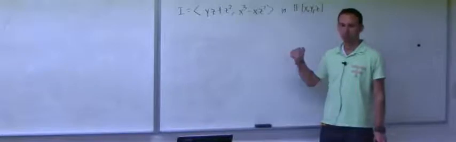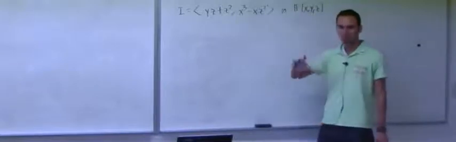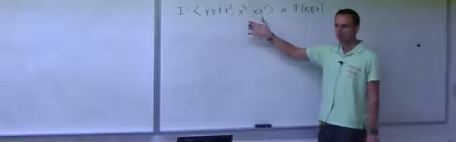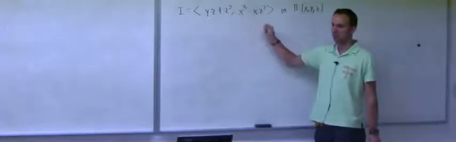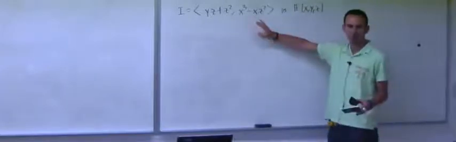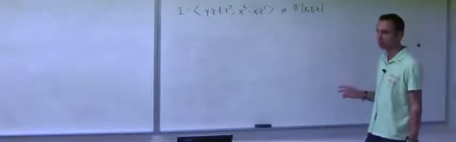If I asked you to find the polynomials of degree 4 here, you would have to figure out what are all the things that you can write as a combination of this guy of degree 2 and this guy of degree 3. That'll be a mess because it's very hard to keep track of those things. There's going to be a lot of cancellation, possibly. This is not really reasonable to do by hand. Even if I ask you for degree 4, it's going to be very hard. You have to do it for every degree. So this is hard.